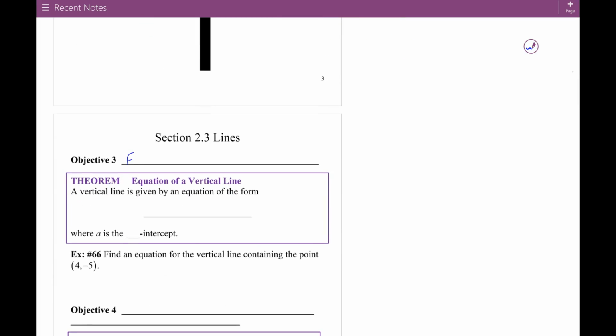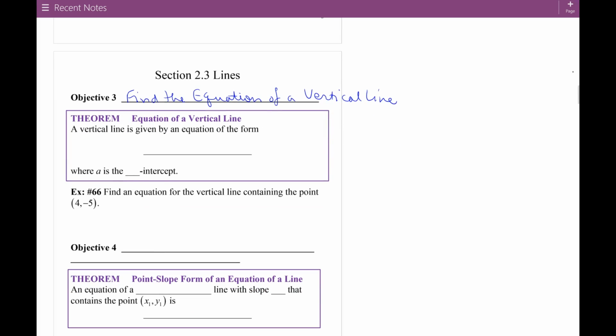We're going to find the equation of a vertical line. A vertical line always has an equation that looks like x equals a, some number, where a is the x-intercept. So we'll do this example in class.